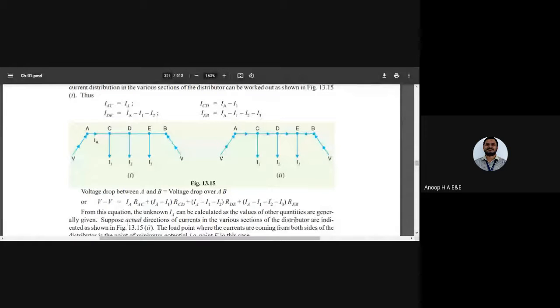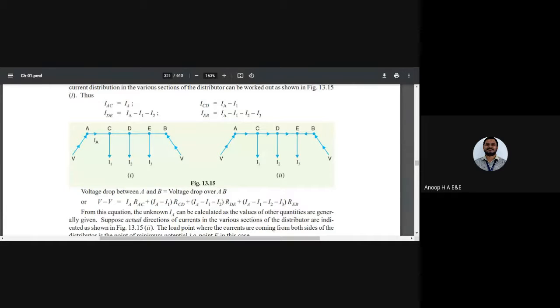Anyone in the meeting, what would the current flow be? How will you write it? Anyone? So it is minus 5 amperes, right?